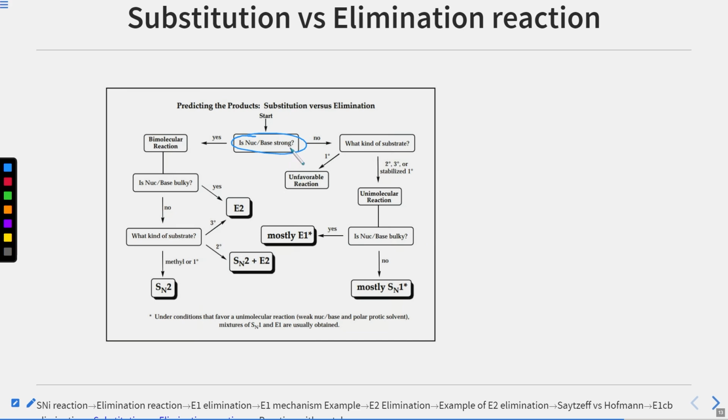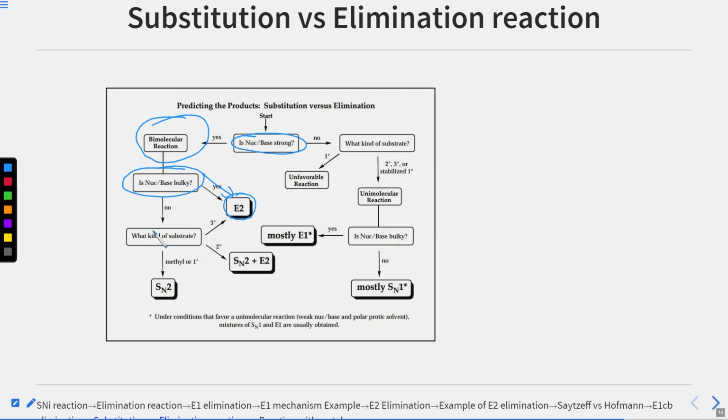If it is strong, then it will give a bimolecular reaction for sure, because we know that the rate of a bimolecular reaction depends upon the strength of the nucleophile also. For that reason you are given a strong base or nucleophile. And if it is not so, then we will move to another branch, which we'll see later. Now first we will take the case in which the nucleophile is strong. If it is strong and if it is bulky, then it will give E2 elimination.